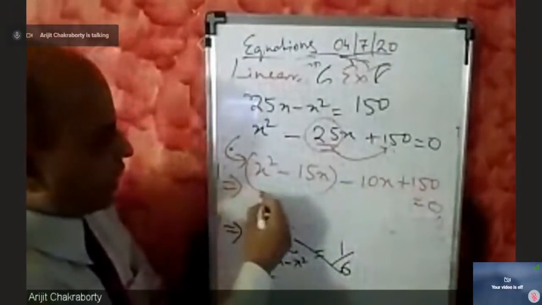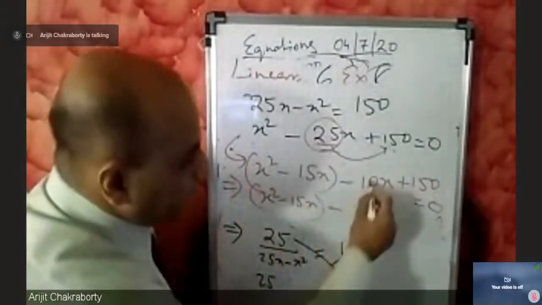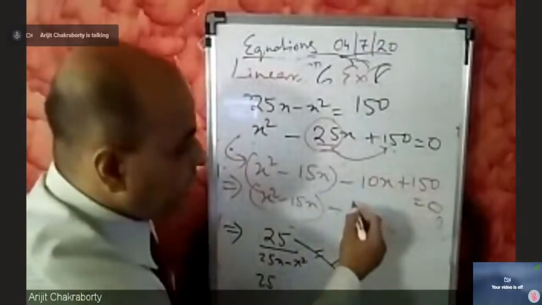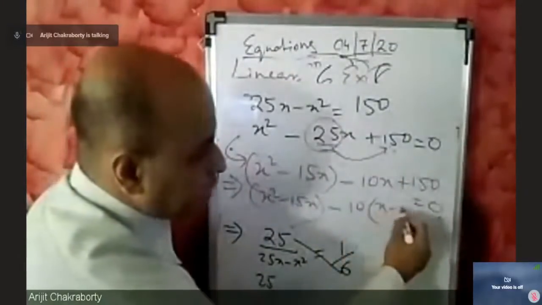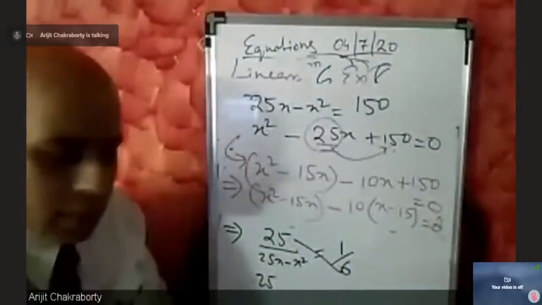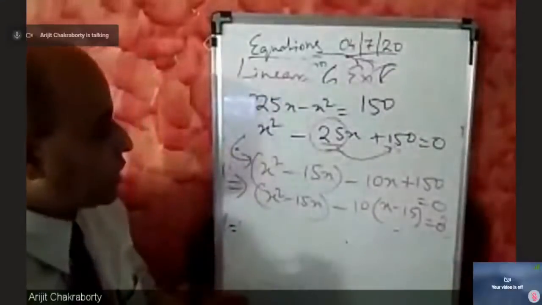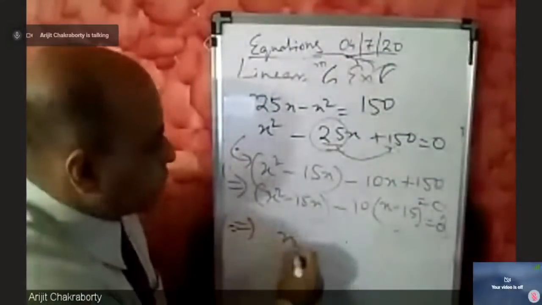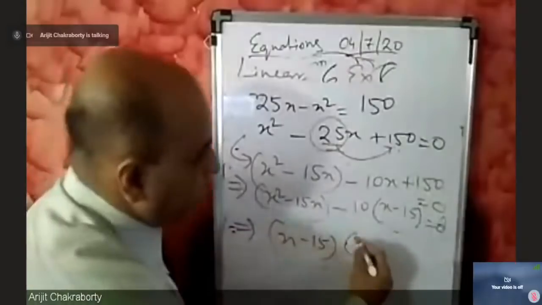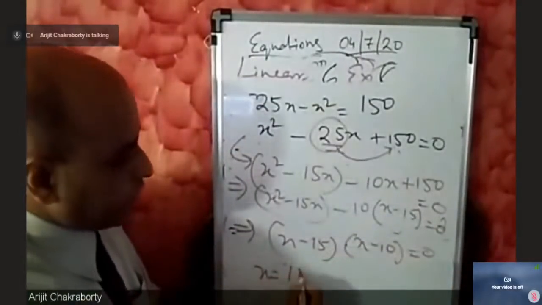From here I get x minus 15 common in the first part, and minus 10 common in the second, so x minus 15 again, this is equal to 0. Now it falls in place and becomes very simple. So I get x minus 15 into x minus 10 is equal to 0. So x is equal to either 15 or 10.